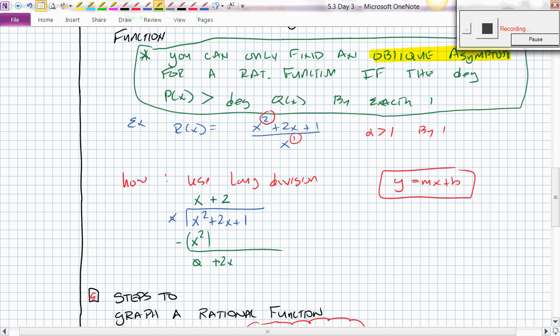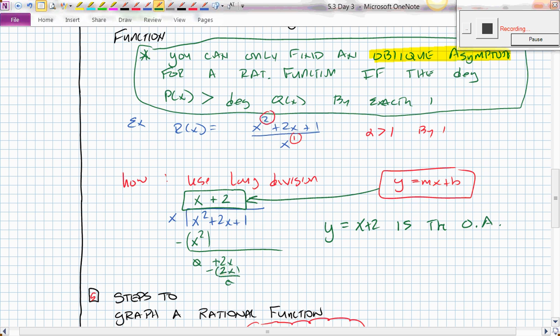That's totally wrong. X goes into 2x 2 times. There we go. 2 times x gives you the 2x. So sorry about that. And that gives you nothing. But here's the thing, right? We can stop once we get to here because all we're looking for is the equation of a line. So therefore, we now know that y equals x plus 2 is the oblique asymptote. And I'll just put OA.